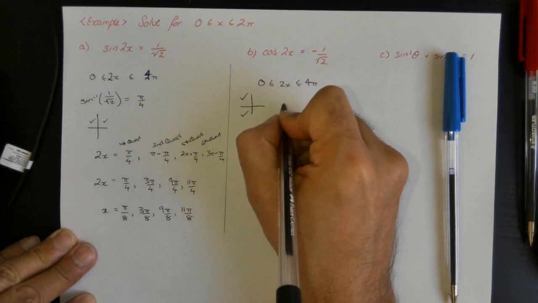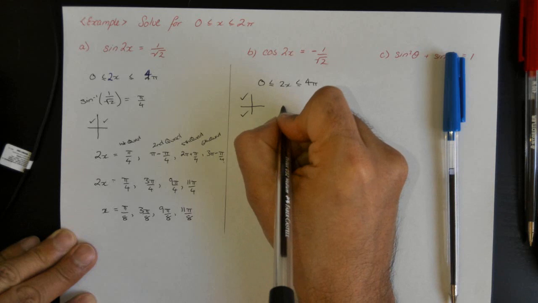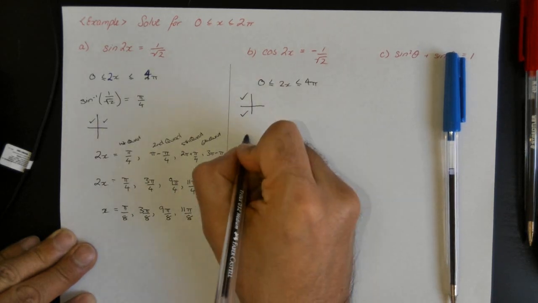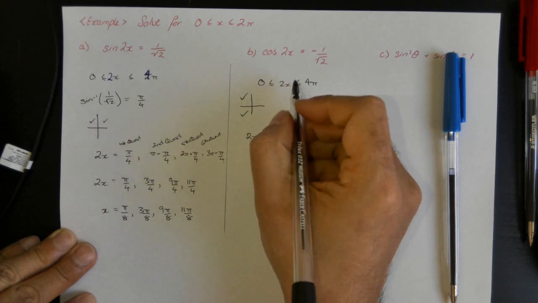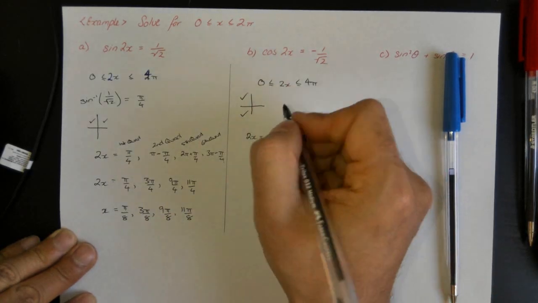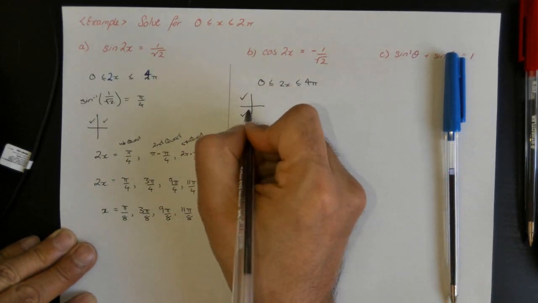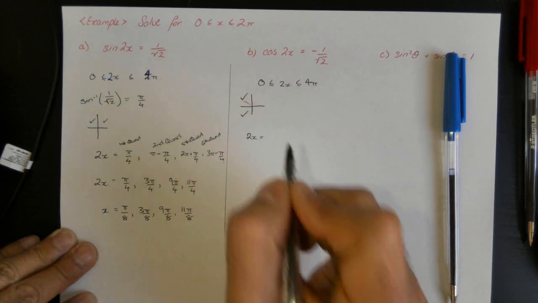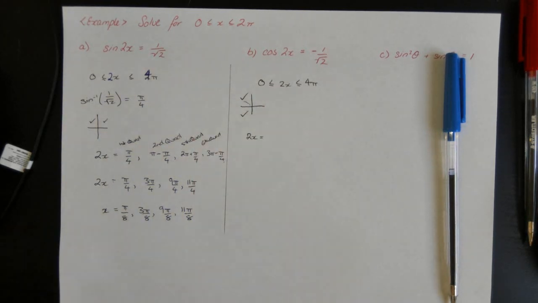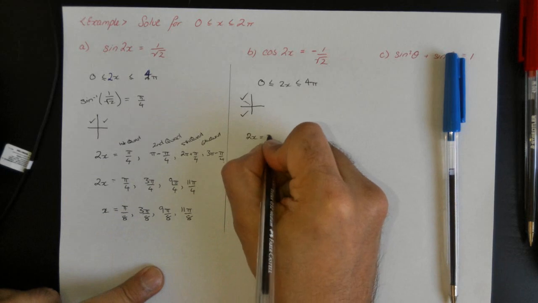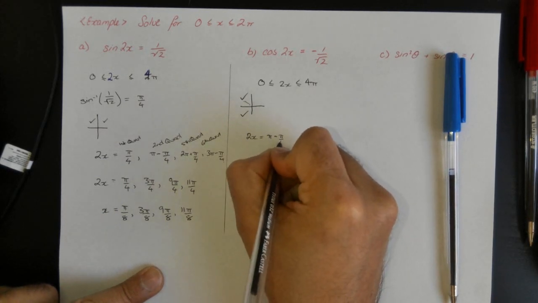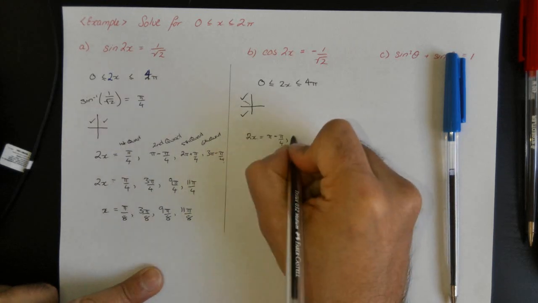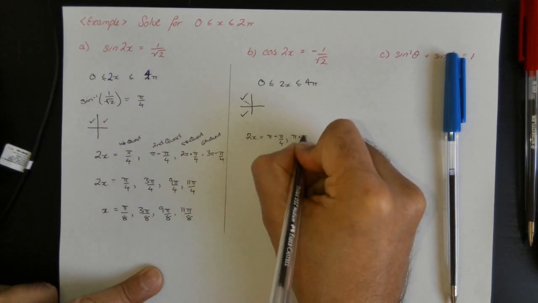So we know that theta, or 2x, is 45 degrees, right? So that is going to be pi minus pi on 4. Then we've got pi plus pi on 4.